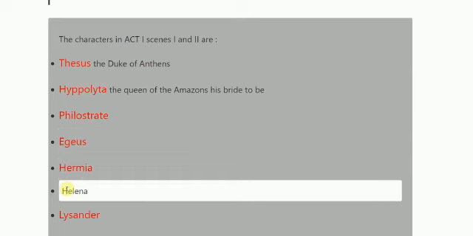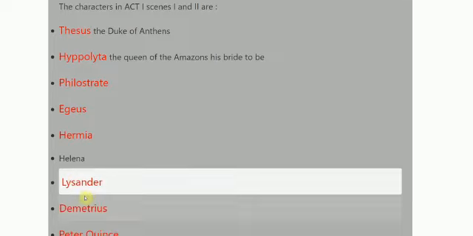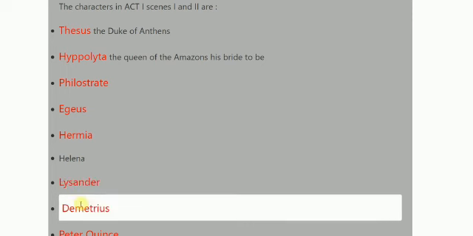We have Helena, Hermia's best friend, and Lysander, Hermia's lover, whom she wants to marry and elope with. Then we have Demetrius, the gentleman that Egeus wants Hermia to marry, and with whom, incidentally, Helena is in love.